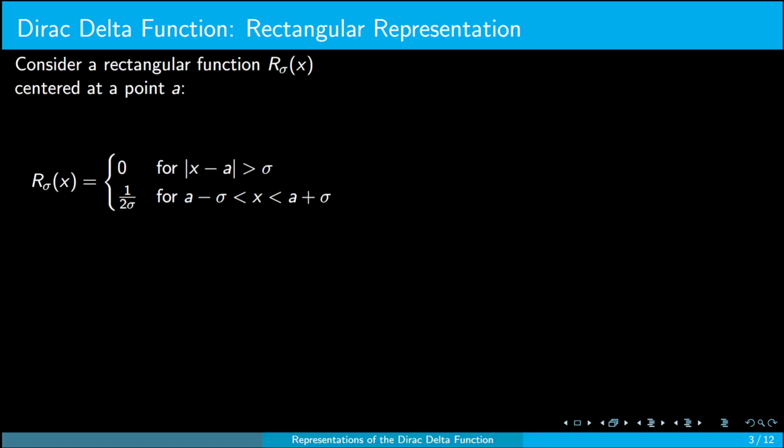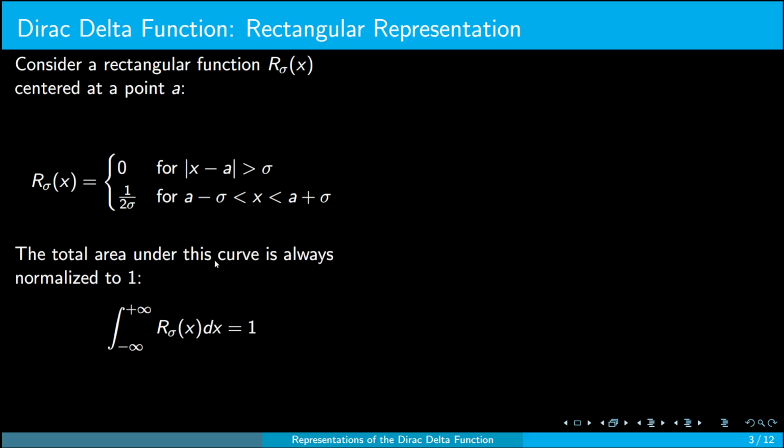Now, the Dirac delta function, a rectangular representation. Consider a rectangular function r sigma x centered at a position a. Let's say our r sigma x is defined such that it is 0 for all values of mod x minus a greater than sigma, and between a minus sigma and a plus sigma it is 1 upon 2 sigma.